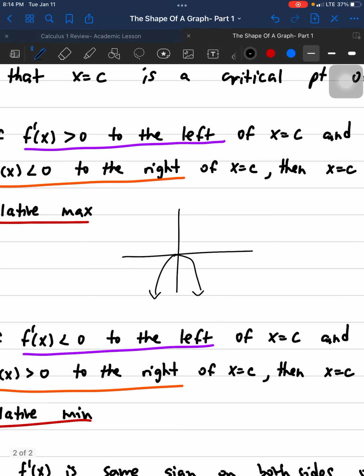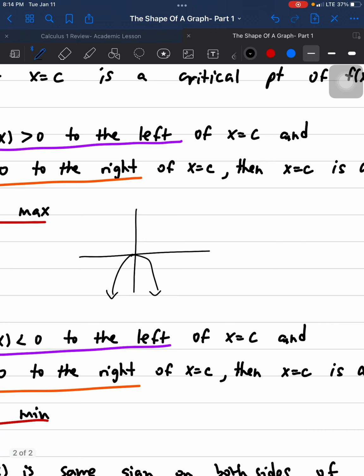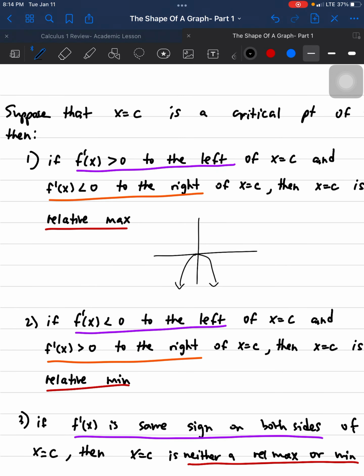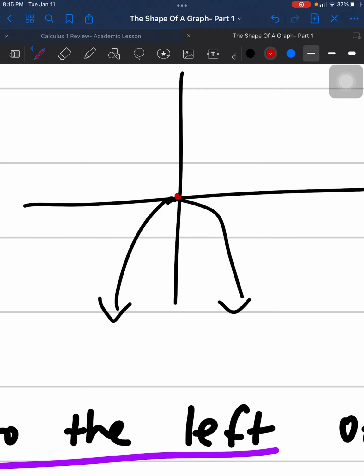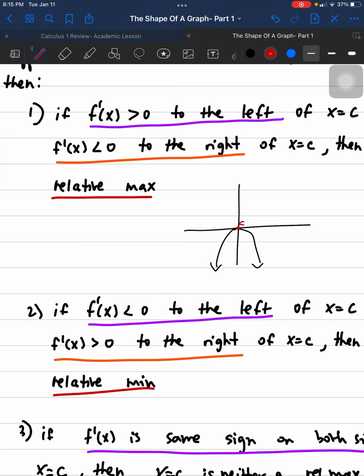On an upside down parabola, it's saying that if the derivative on the left side is greater than 0, meaning positive, and the derivative is negative to the right of a point c, then there's going to be a maximum. So let's say we pick the point right here. We'll label this point c, and that's just 0, 0.